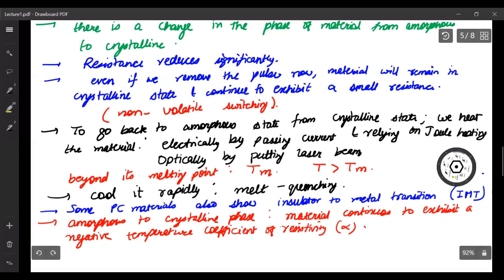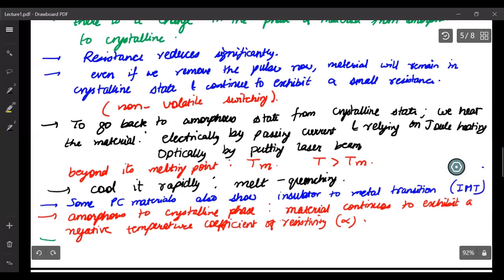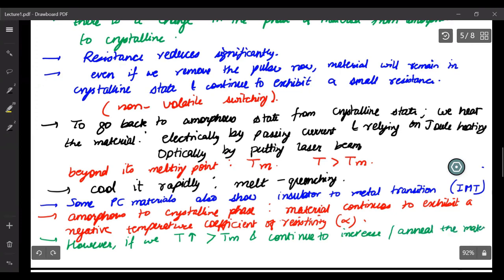However, if we increase the temperature beyond Tm and continue to increase it, or anneal the device or the material, it starts showing a positive temperature coefficient of resistivity.